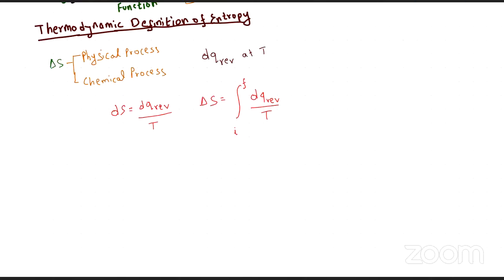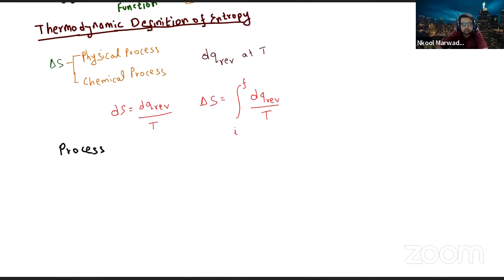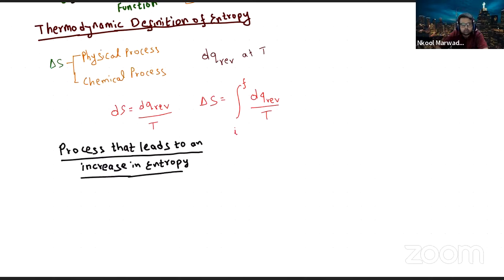Processes that lead to an increase in entropy: processes for which delta S is greater than 0.